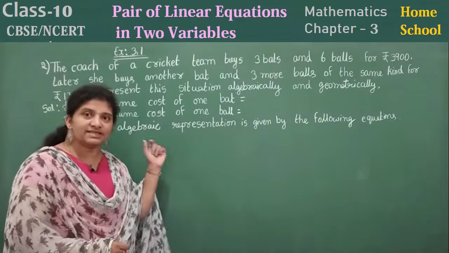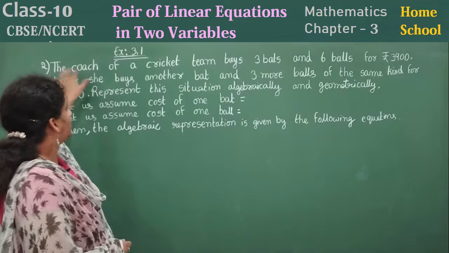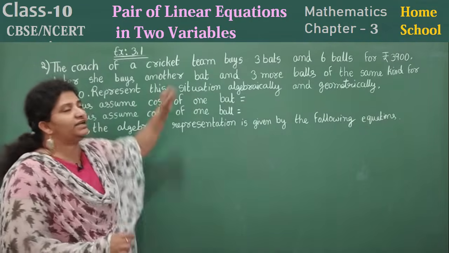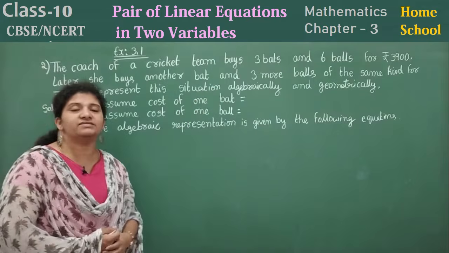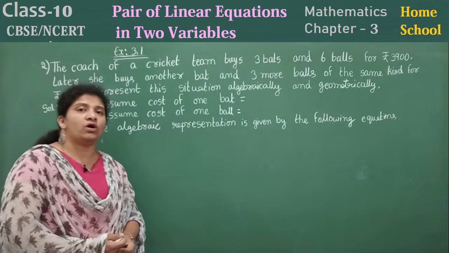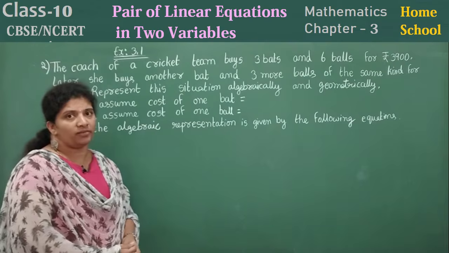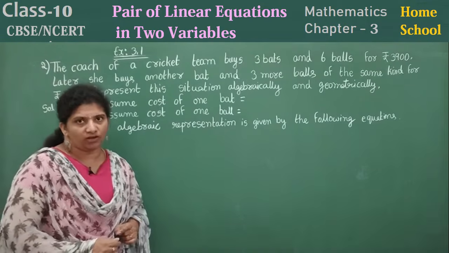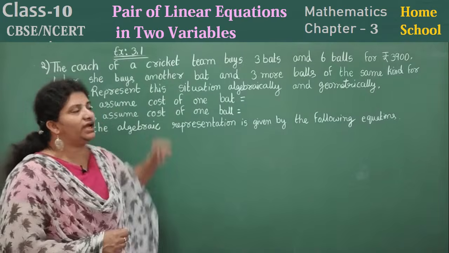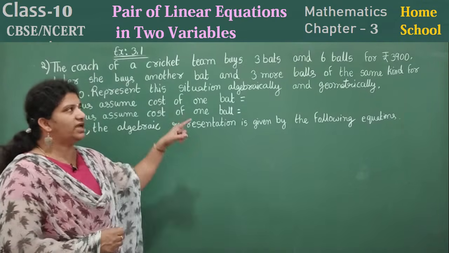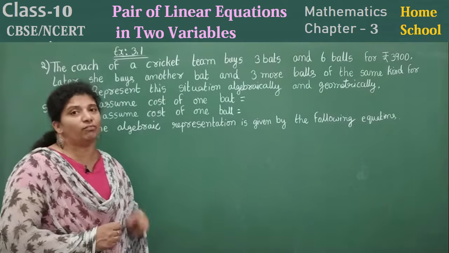Okay, let's see the second problem. The coach of a cricket team buys 3 bats and 6 balls. So what are we talking about here in this problem? Bats and balls. Who is that? Coach. The coach of a cricket team buys 3 bats and 6 balls.